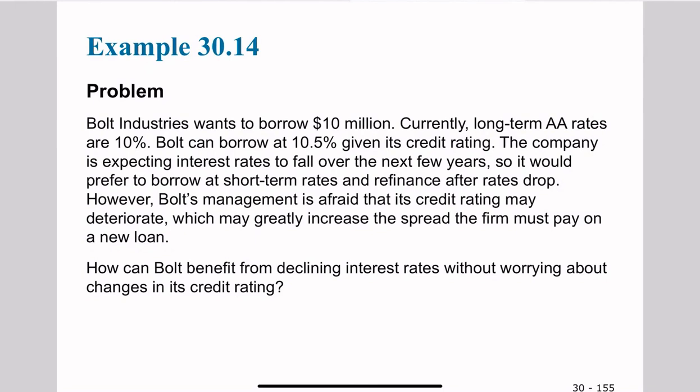So basically the firm wants to enjoy this decrease in interest rates in the future. But it does not want this potential increase in credit spread because of its decreased credit quality.